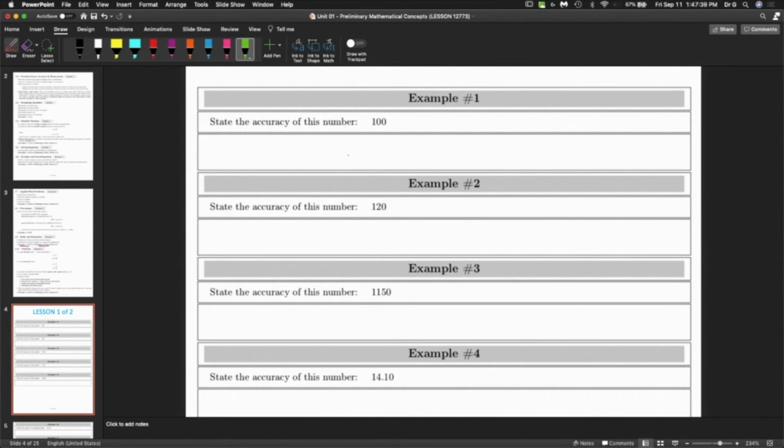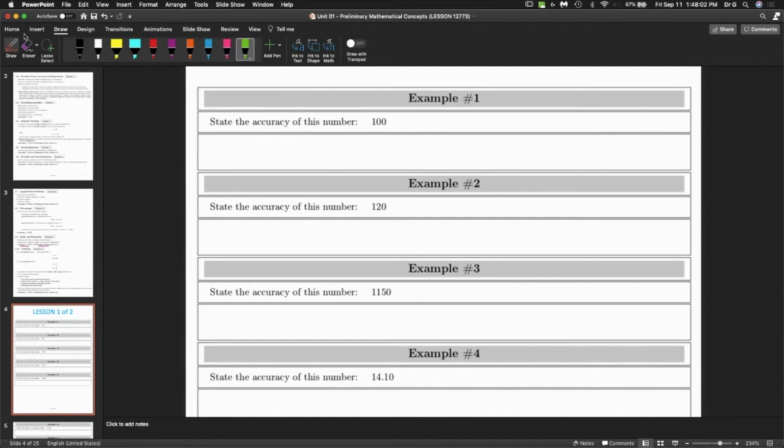For future classes, either print this file or load it on your iPad, and if you have a tablet, use your stylus to draw on it on the side. Find a way that works for you. But if you don't want to print or don't have access to all that, all you need is your computer screen. Just grab a sheet of paper like me and write on it. It's all good.